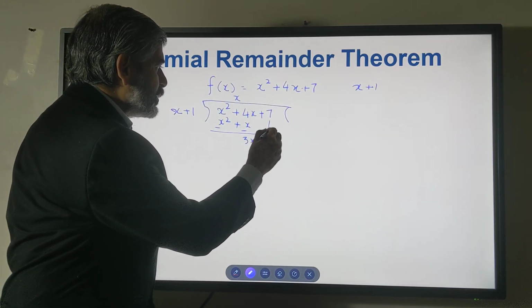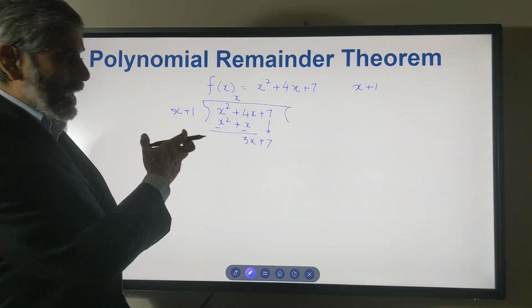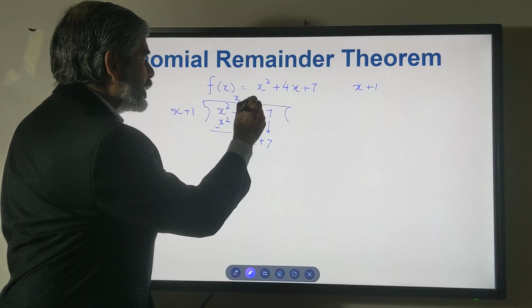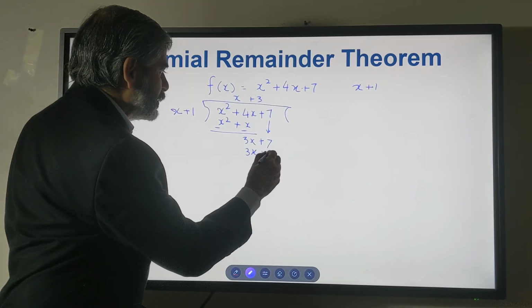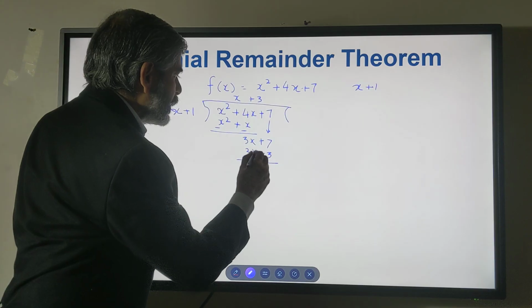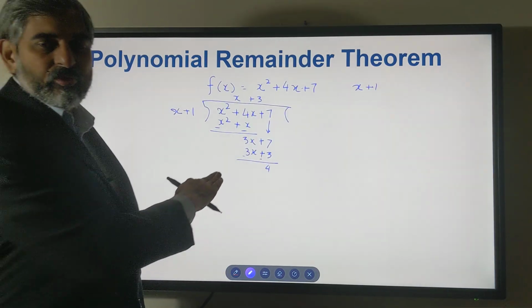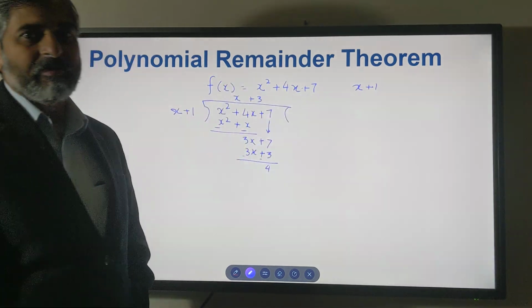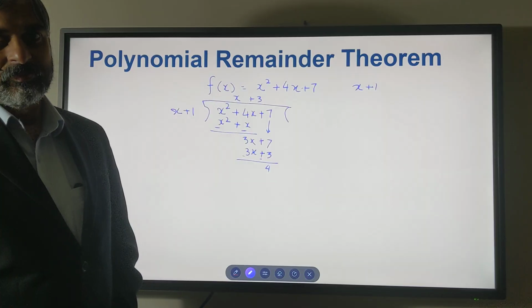Then we bring down this 7, and multiply x plus 1 with 3 to get 3x plus 3. If I subtract this, I get 4. So 4 is the remainder, and that's something we can find by just using this long division.